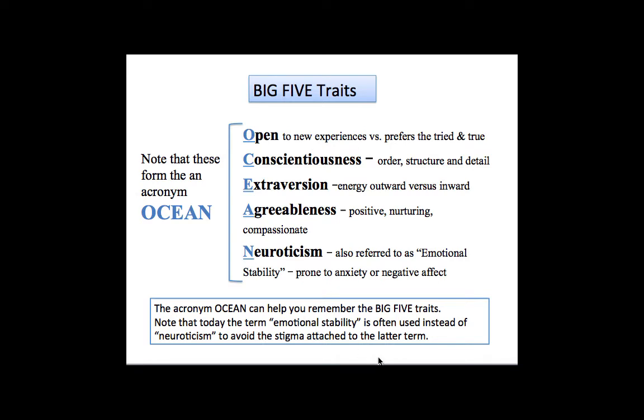So, today, emotional stability is often used instead of neuroticism because of the stigma attached to neuroticism. But professionals within the field don't have that same stigma. They know neuroticism means vulnerability to anxiety and negative affect, so they don't add "and it's your fault" to the other half of the equation.